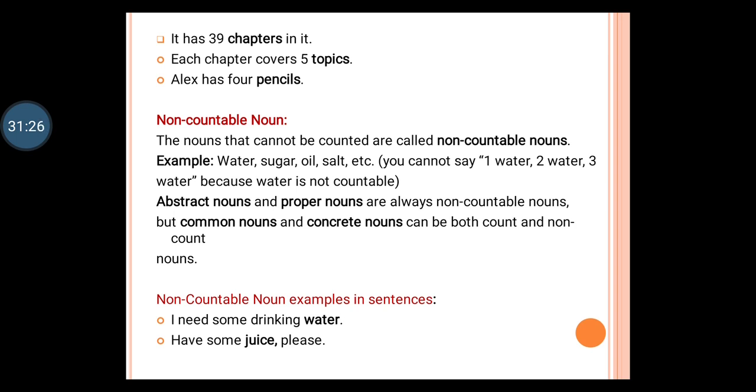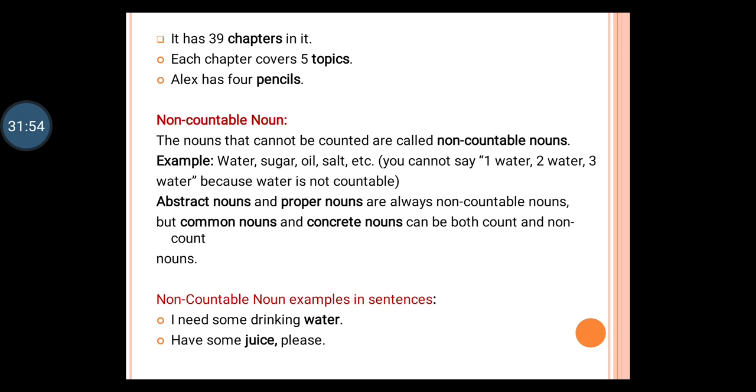We can't count proper nouns because proper nouns, like I said, are specific. For instance, there's only one Sleek Angels International School. Just one. Even if we have different branches or different annexes of Sleek Angels International School, we'll only count them based on their annex, but it is still Sleek Angels International School.